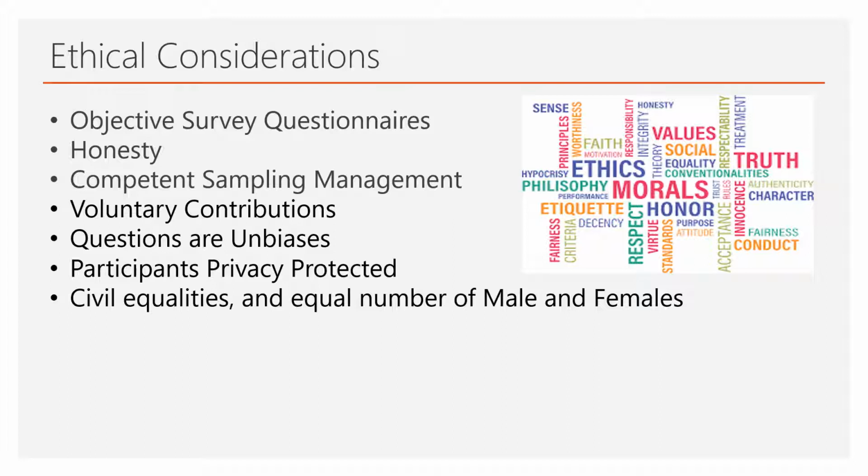So we want to make sure that all information being asked of them and conveyed back to management is unbiased, and where we can get the most information out of the participants, but at the same time, the questionnaires are not leaning more in one way or another towards a particular question.